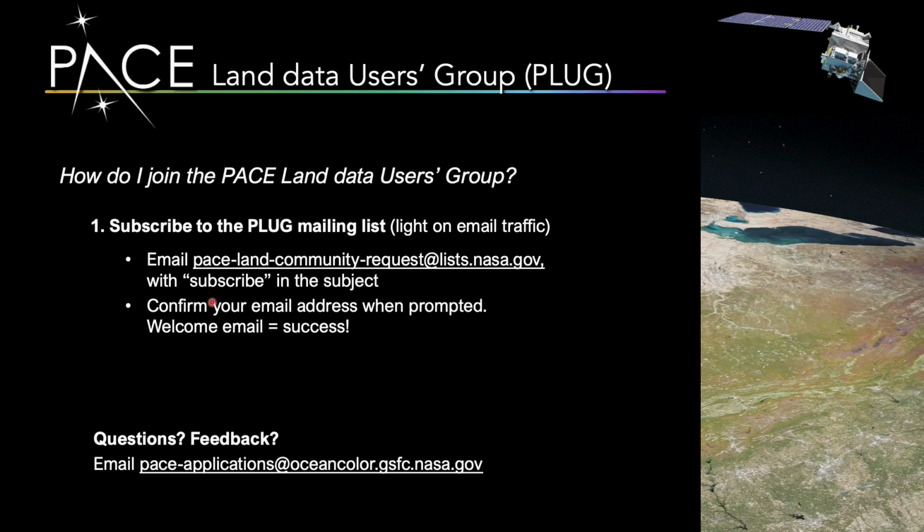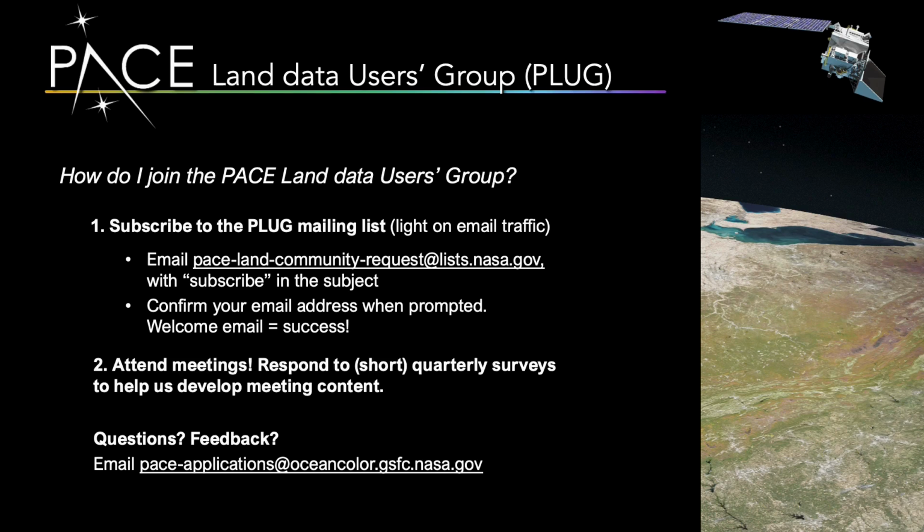You don't need any text in the body of the email. Send it. You'll see an email to confirm your address. Just reply to that. You don't have to put anything in the email, just reply. And then once you see this welcome email, you have joined successfully. If you have any issues with it, you can send an email to the email at the bottom of the screen there.